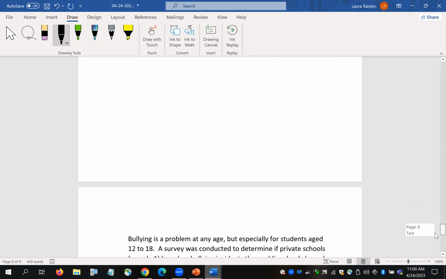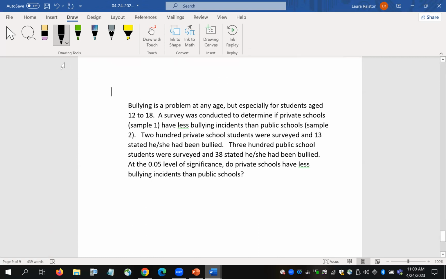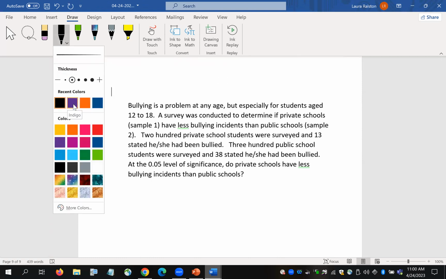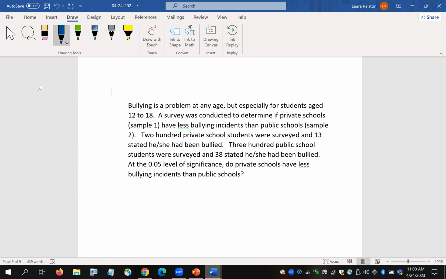All right, then I'm going to skip down to the next example. It says, bullying is a problem at any age, but especially for students aged 12 to 18.